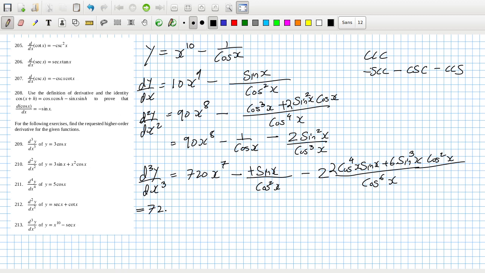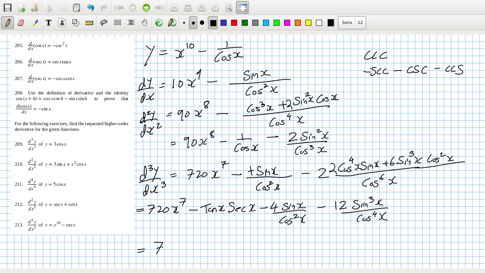So that will be 720 x power 7 minus sine over cos, which is tan x, and then 1 over cos, which is sec x. And this 2 is times all that, so that would be minus 4 sine x over cos squared x minus 12 sine cubed x over cos 4x.